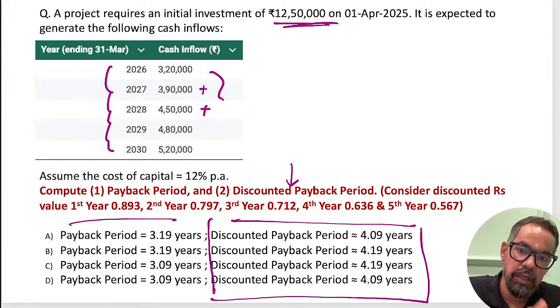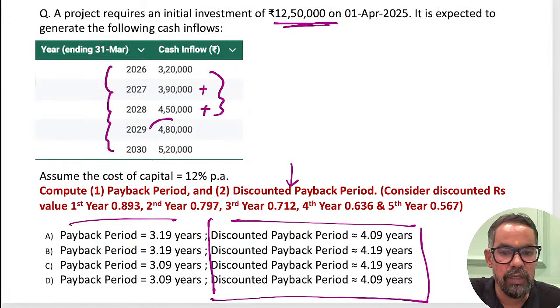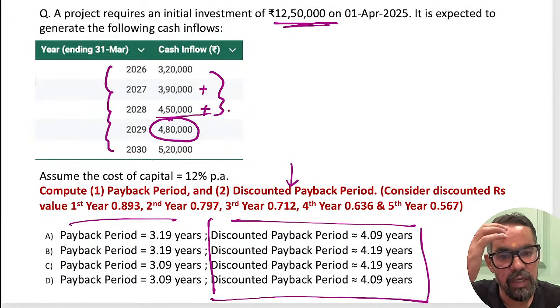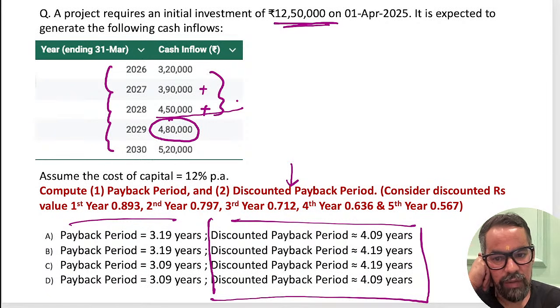So these 3 years, now the proportion of this particular one, if you add these 3 years, it is coming around what? It will come around how much? 7,10,000, right? It is coming around 7.10 lakh.